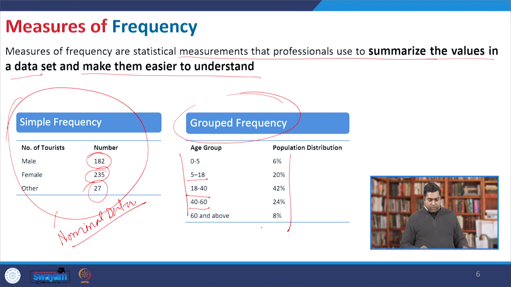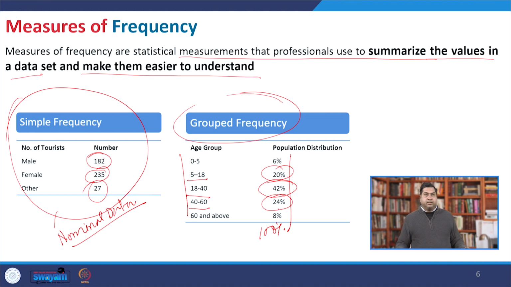If you add up all of them, it will give you 100%, but from here it is obvious that 42% is the 18 to 40 age group, and 40 to 60 is considerably similar to 5 to 18, whereas the child population and elderly population are low compared to the others, at 6 and 8%. This is hypothetical; in your case this may change, but normally we can represent it in this kind of group frequency.